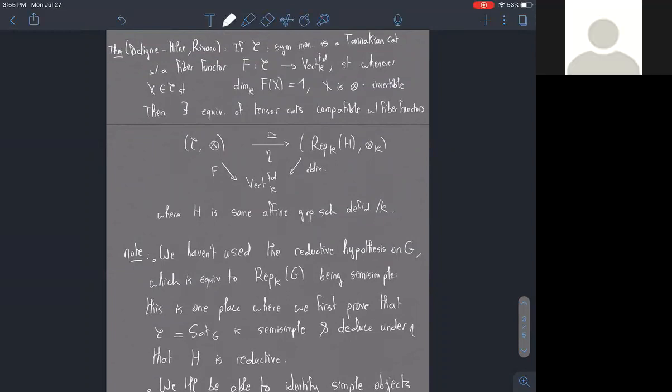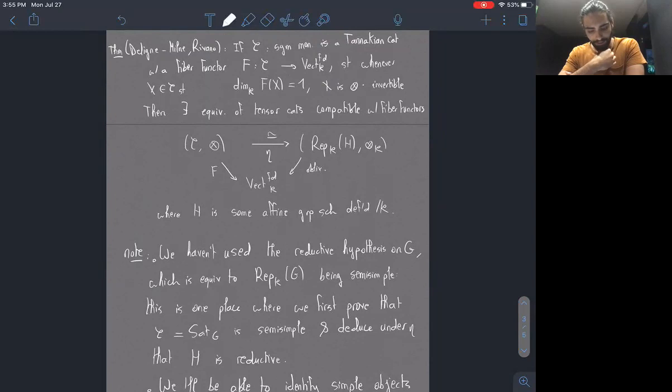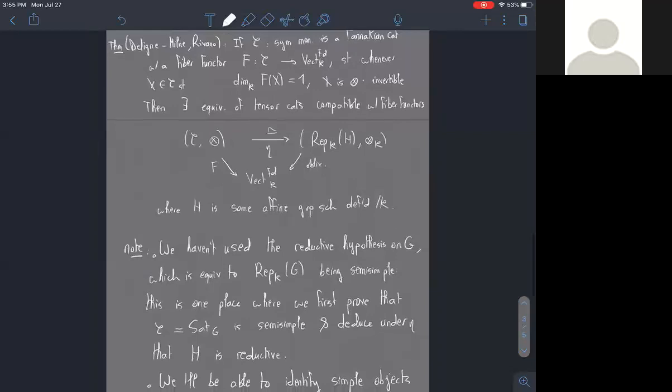So perhaps you plug in a non-affine group scheme, and if it's Tannakian, then its representations are tensor equivalent to those of an affine group scheme. Maybe it's its affinization or something. That's possible. I'm not sure, but that sounds fair. Good, thanks.